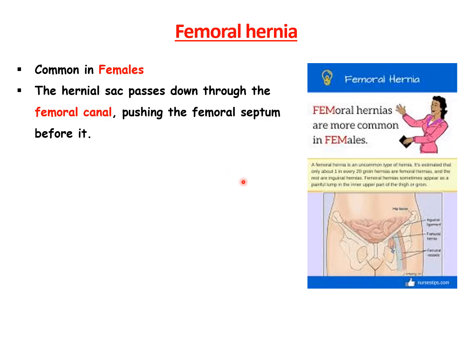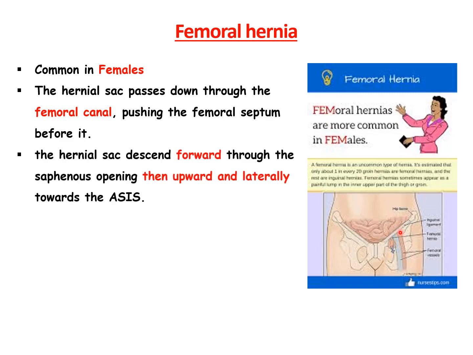The applied anatomy of this part is the femoral hernia. Femoral hernia here is more common in females. It occurs due to increased pressure inside the abdomen, due to straining, continuous cough, labor, anything which increases the intra-abdominal pressure.